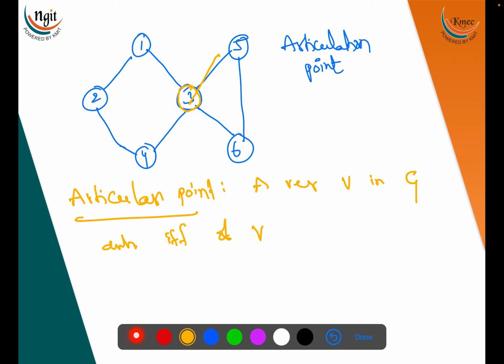So if I delete this vertex, then I cannot find the edge from 5 to 1 or 6 to 4 or any of the vertices from this side. So an articulation point is what?